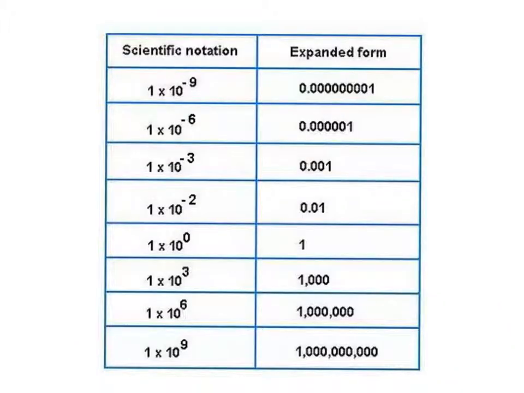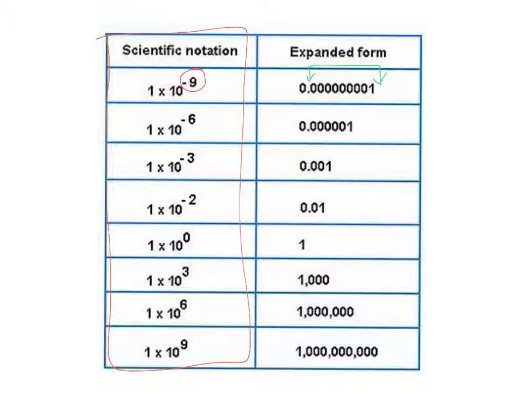Okay, so let's have another look here. I'll make my pen a little bit finer. So here in this scientific notation, it says 1 times 10 to the power of negative 9. So, with a different pen, we're moving this decimal point back over here.